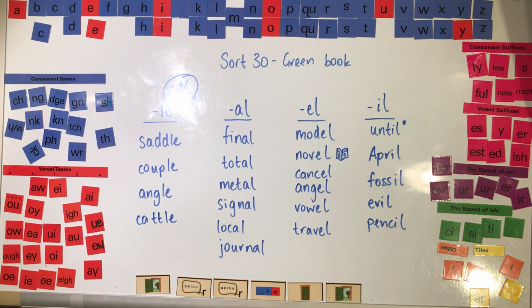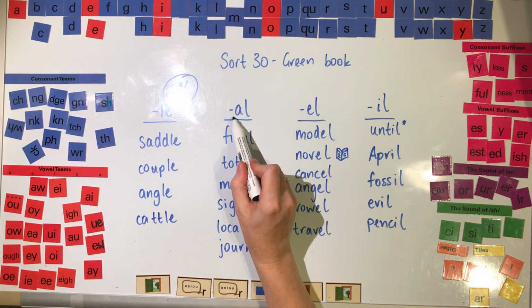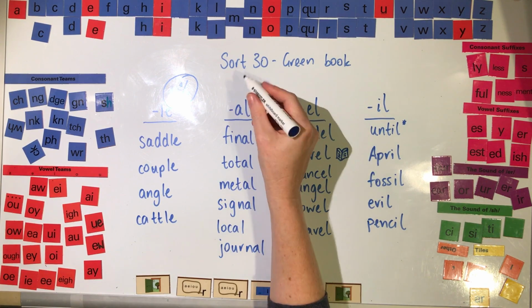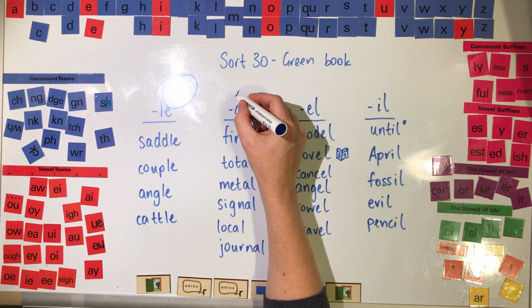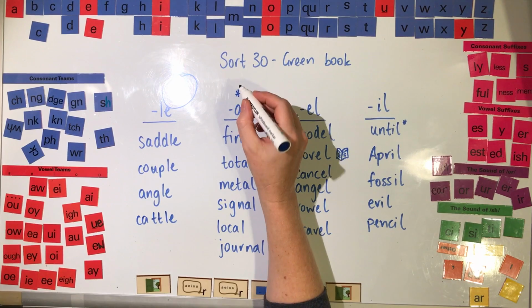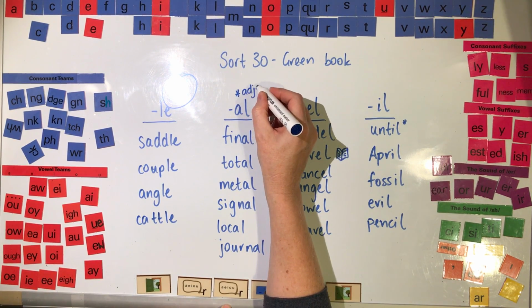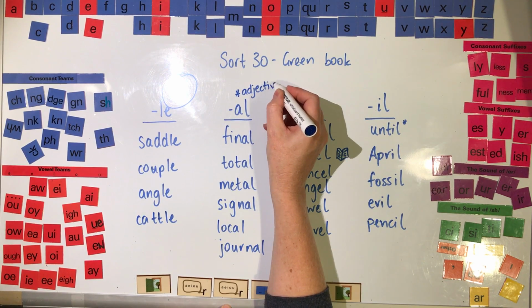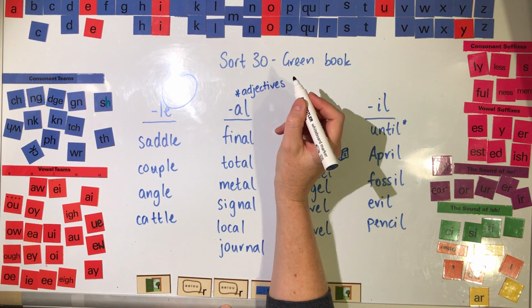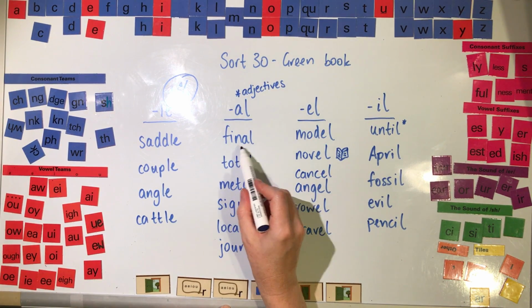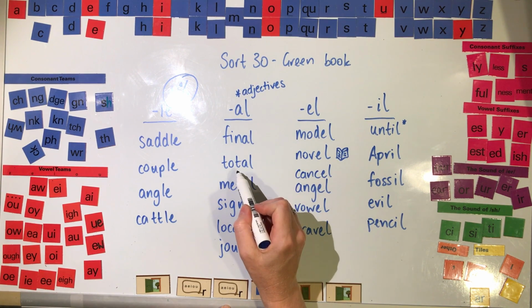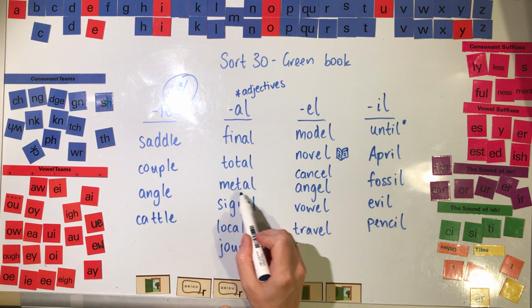Okay? Now, another tip is these AL words here are often, not every single case, but often they are adjectives, which are describing words. So you might say a final turn, the total amount, a metal spoon.